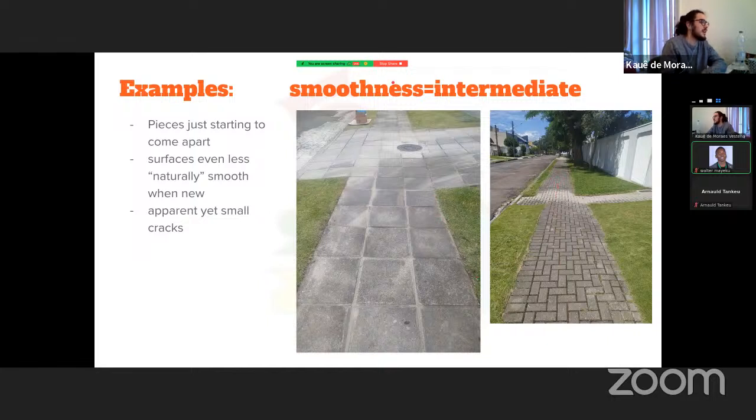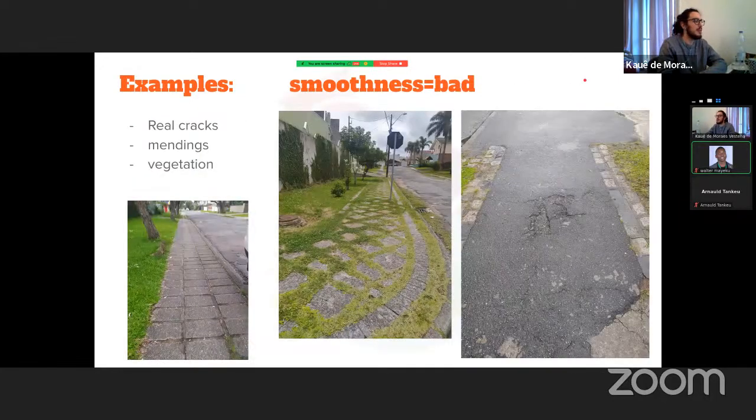So you have a surface that naturally is not very smooth, even in good shape. So it's an intermediate smoothness. And there's bad smoothness, where you start to have real cracks, some mendings, vegetation amid the pathway. Okay, so this is bad smoothness.